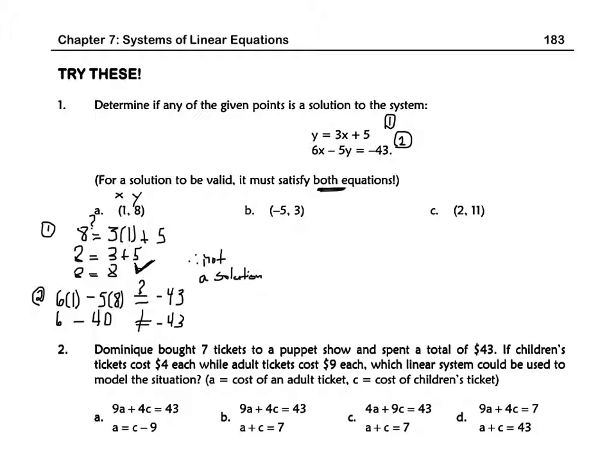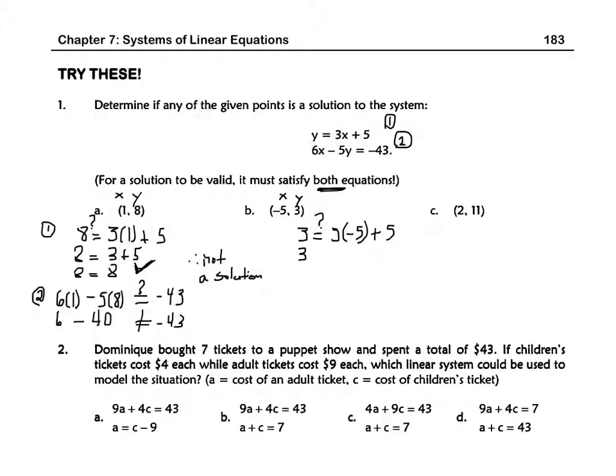The next point that we're going to try is negative 5 for the x and 3 for the y. If we plug that into the first equation, we get 3 equals 3 times negative 5 plus 5. We're checking to see if that's true.